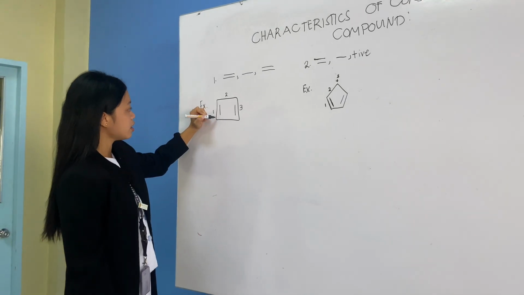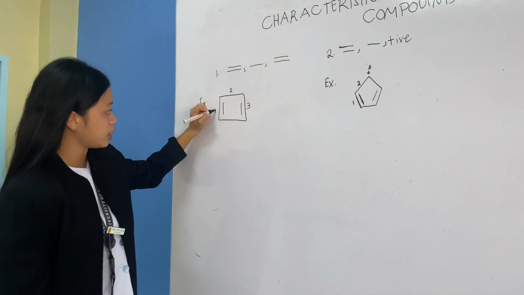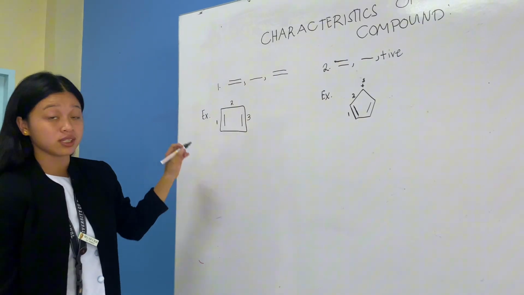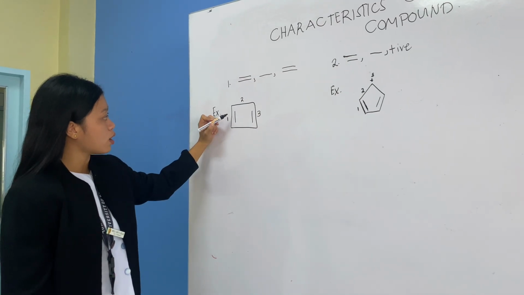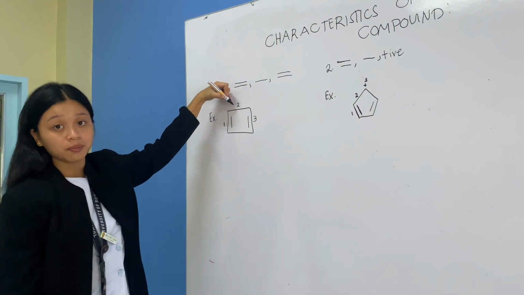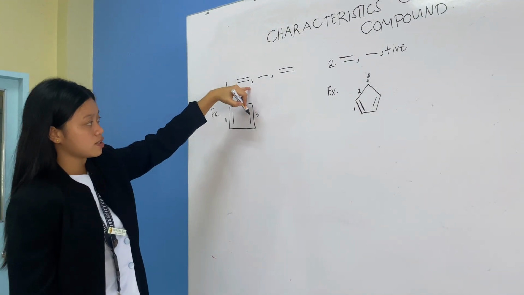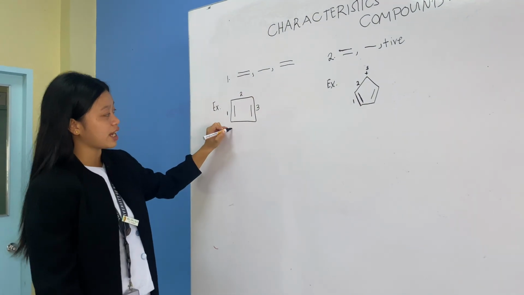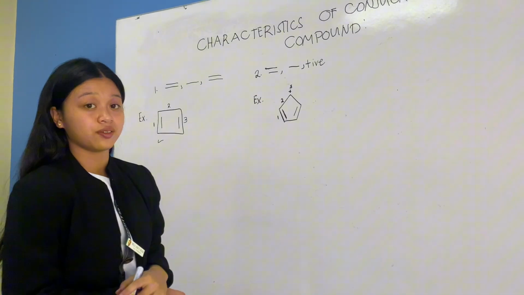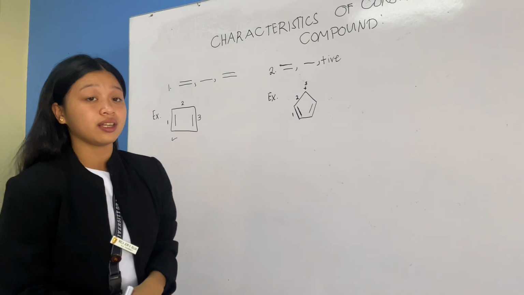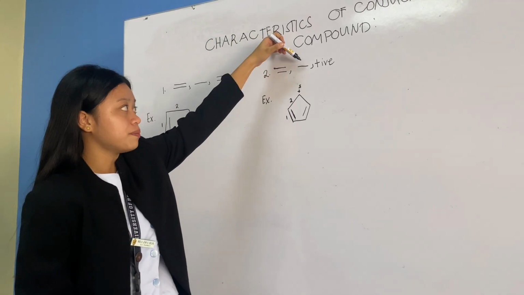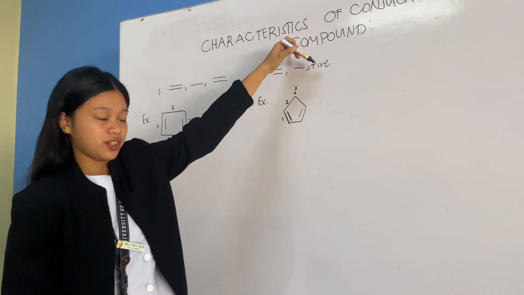In here, we will start numbering. This is your number 1, 2, and number 3. As we see there, number 1 contains a double bond, number 2 contains a single bond, and number 3 contains a double bond. So it is a conjugated compound. The second characteristic: it is a conjugated compound if it contains a double bond, single bond, and a positive charge.